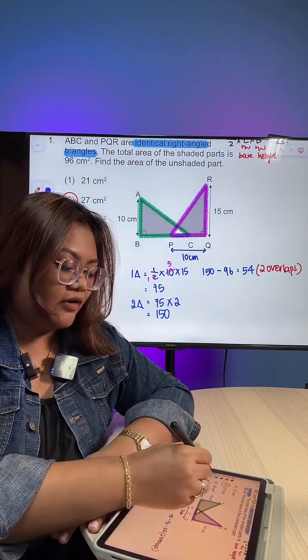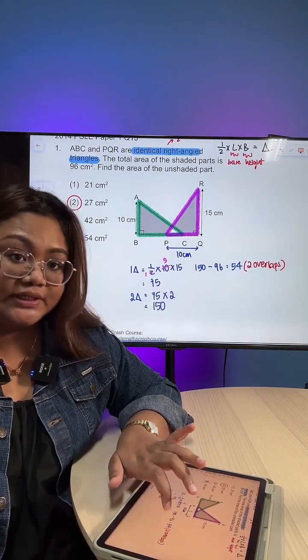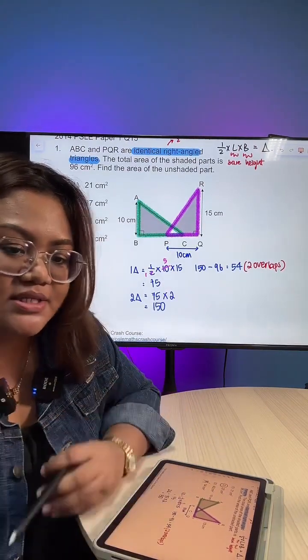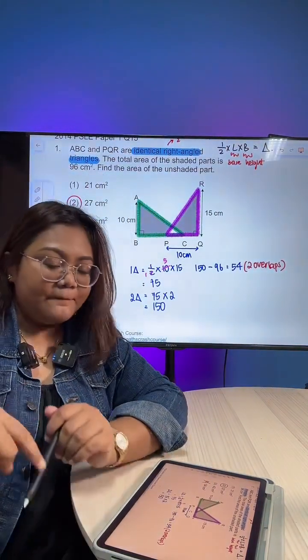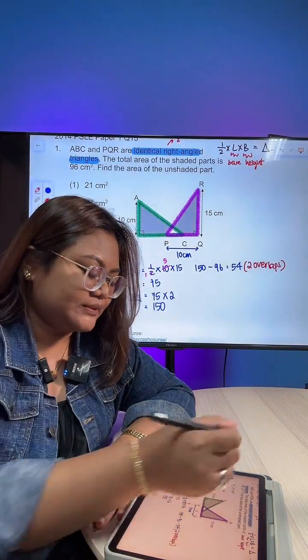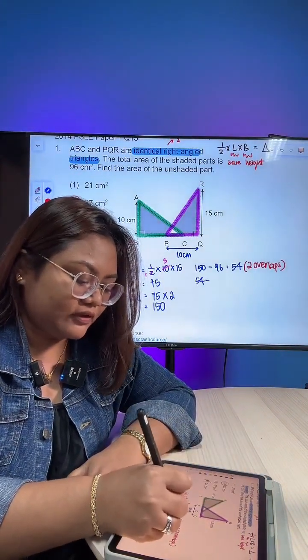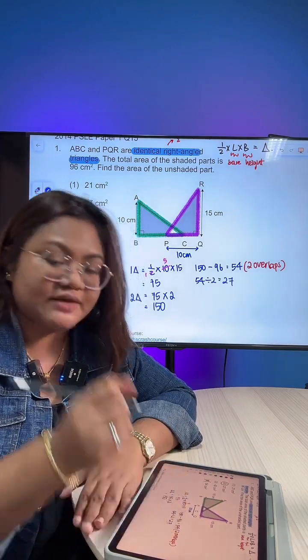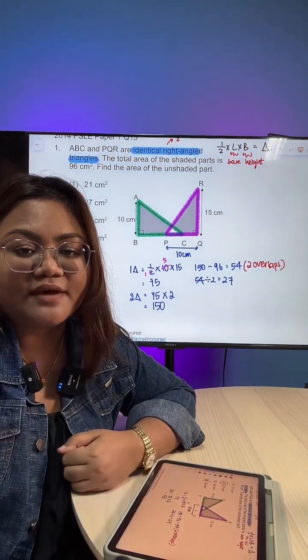The 54 here represents 2 overlaps. So we cannot use this as the correct answer because we have to divide this by 2 to find just one overlap. So that's 54 divided by 2 to give us 27. Okay? So the final answer is 27.